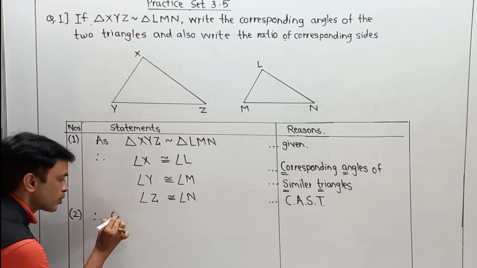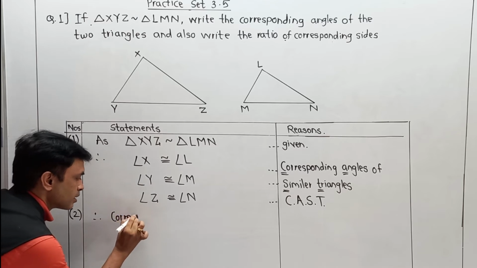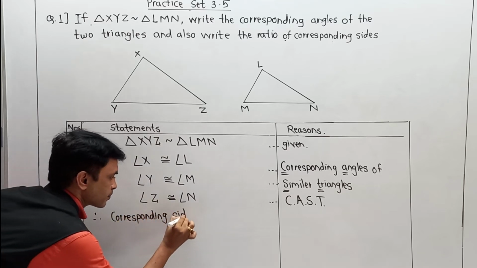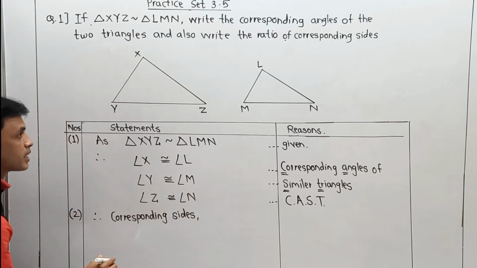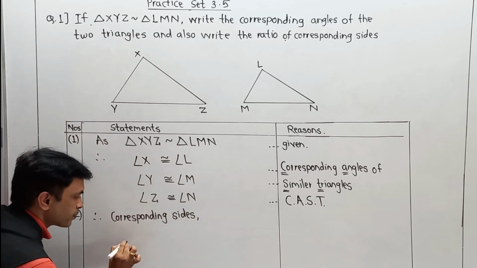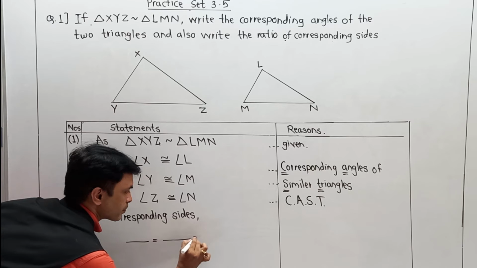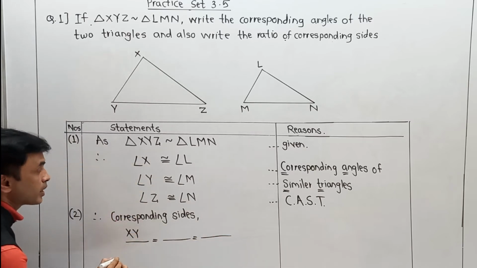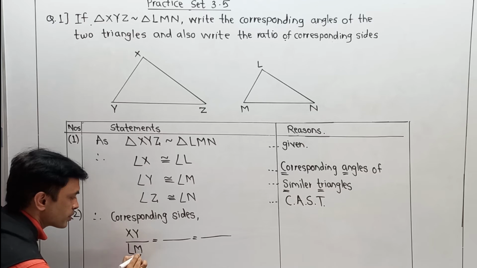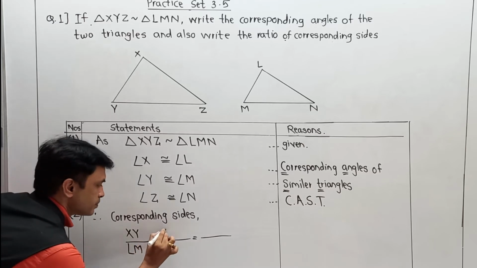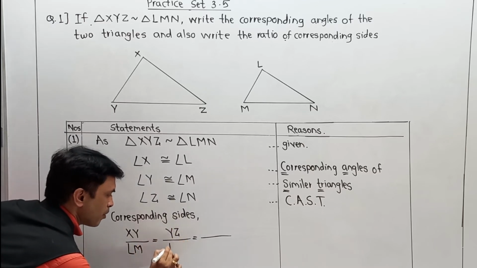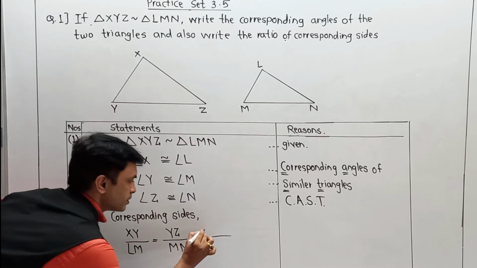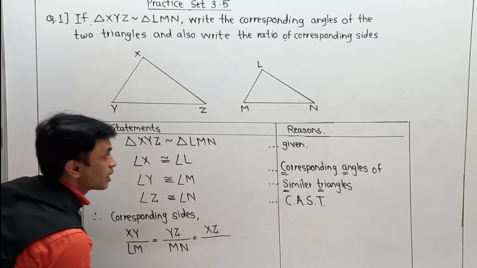Therefore, corresponding sides: XY upon LM is equal to YZ upon MN is equal to XZ upon LN.